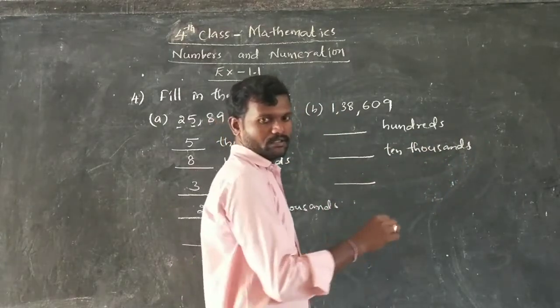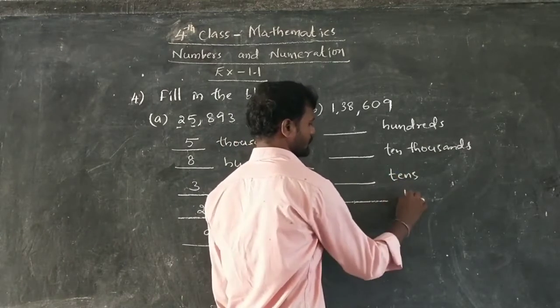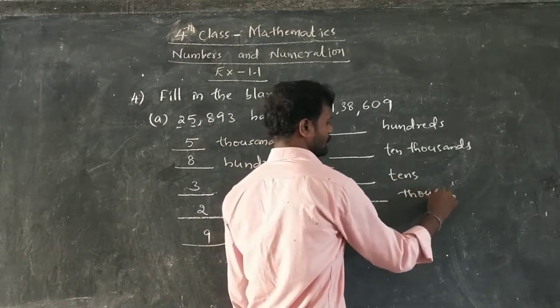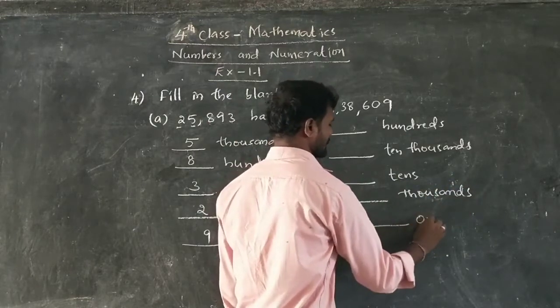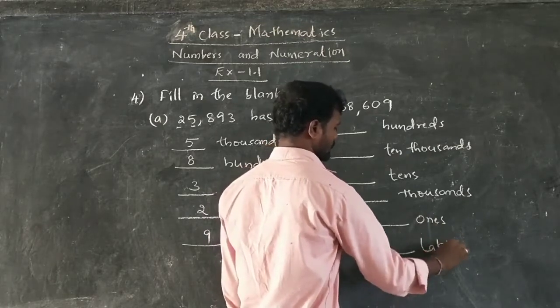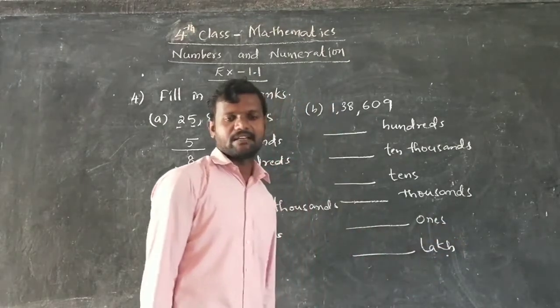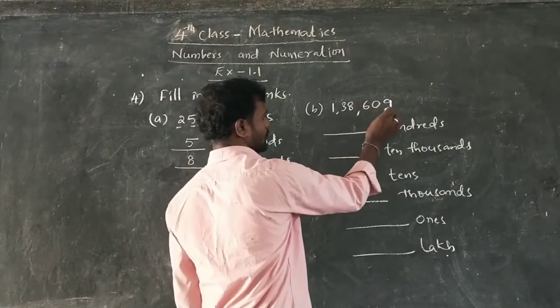Dash tens. Dash thousands. Dash ones. Dash lakh. Okay, these are asked. First one, what is this number?